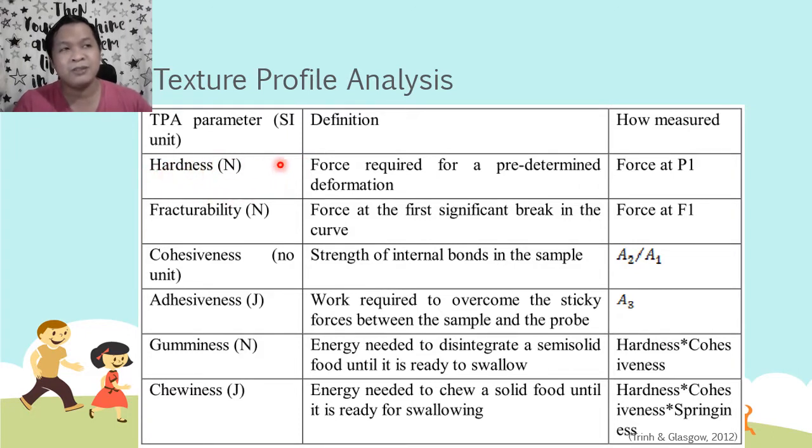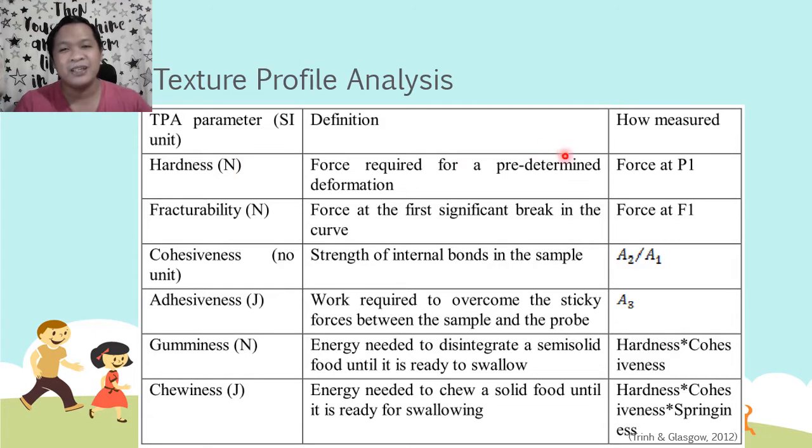But of course, if you look at the type of sample, kailangan mo rin i-take into consideration kung may sense ba yung term na hardness. Like for example, you're measuring the hardness of a marshmallow, parang ganon, di ba? Versus measuring the hardness of, say, a candy, di ba?